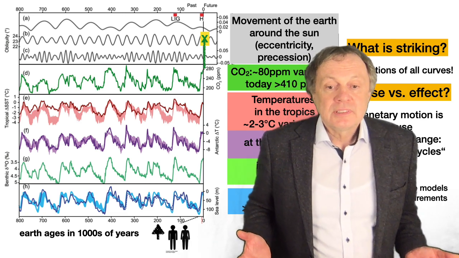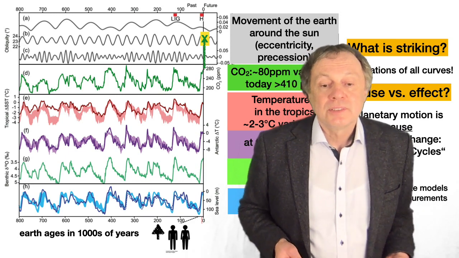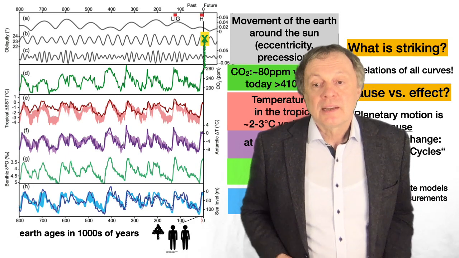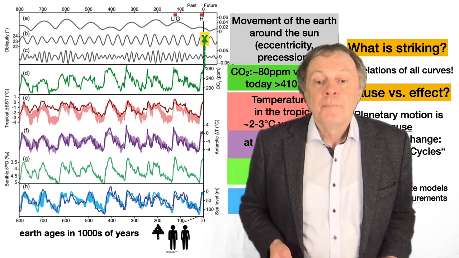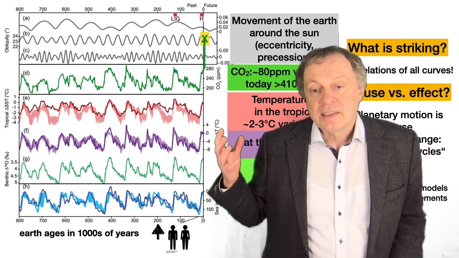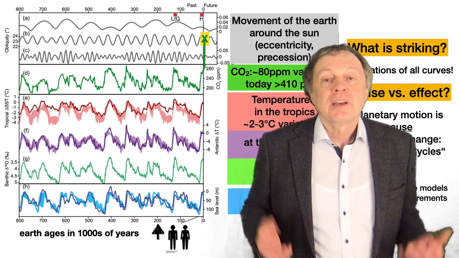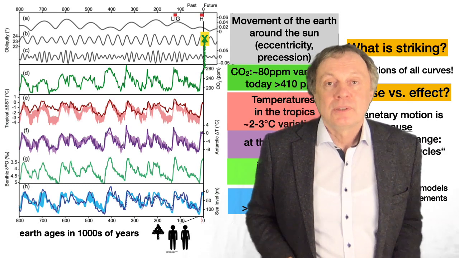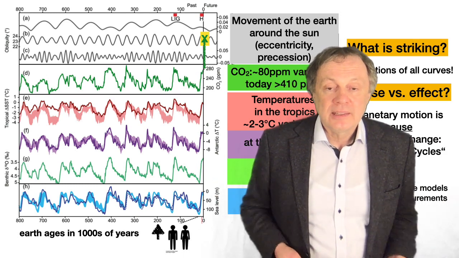So in other words, the variations of temperature in the last 800,000 years is basically understood as an effect of the Milankovitch cycles, and secondly, in the complex climate models which people have nowadays, you can quite well reproduce all these effects. So at the first point, there's nothing exciting there.